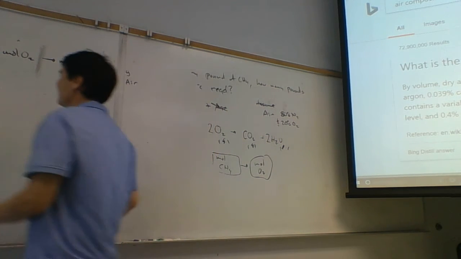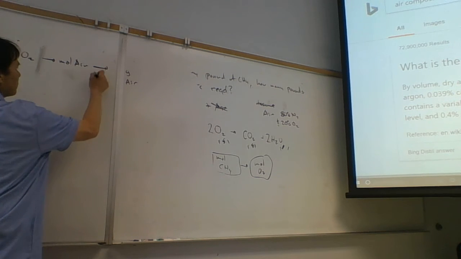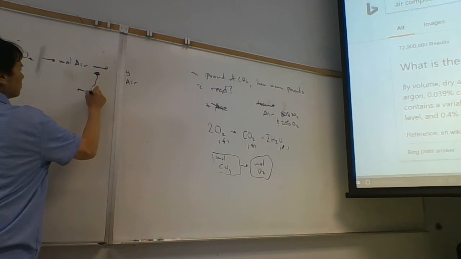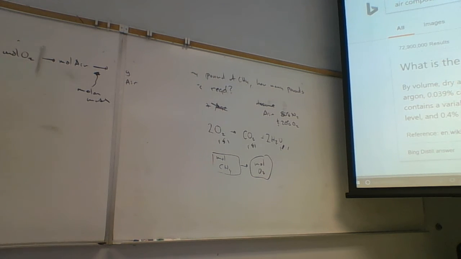Because in order to go from grams to moles, or moles to grams, we need the molar mass. The molar mass is just the ratio, grams to moles. So here, gram to mole conversion, I need the molar mass. Mole to gram conversion, I need the molar mass. Well, the molar mass of methane is not so hard, because carbon is 12.01. We have 4 hydrogens at 1.01 each, so it would be 4.04.